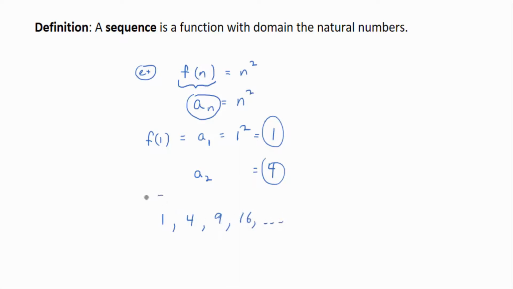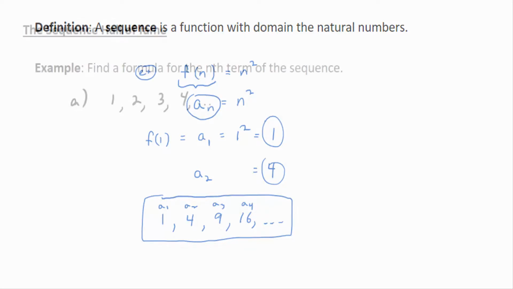And so the less sophisticated definition of a sequence that you may be more familiar with is just a listing of the outputs. So, you know, a1, a2, a3, a4, and so on and so forth. Okay, so you've seen that before.